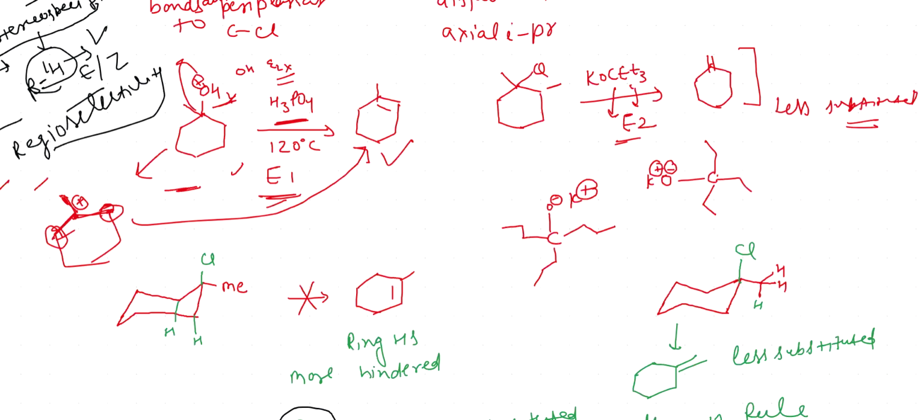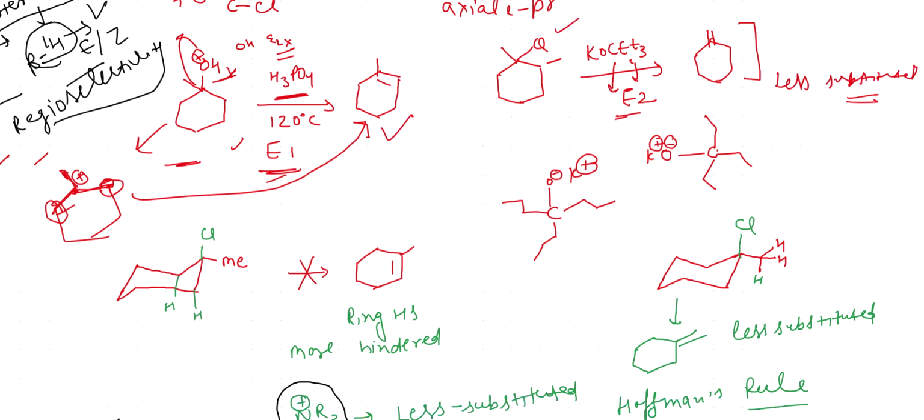Here we have changed the leaving group. Chlorine is a good leaving group as compared to OH, but still we are getting the less substituted product. So why? For the E2 mechanism, always remember that both the leaving group and H positive should be anti-periplanar, but this is not a necessary condition in case of E1.